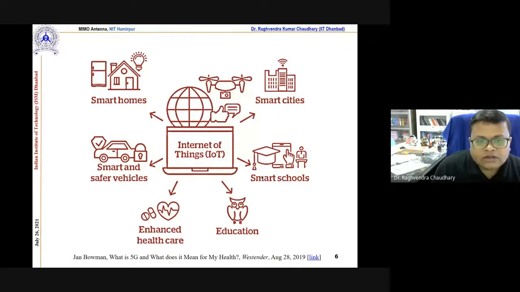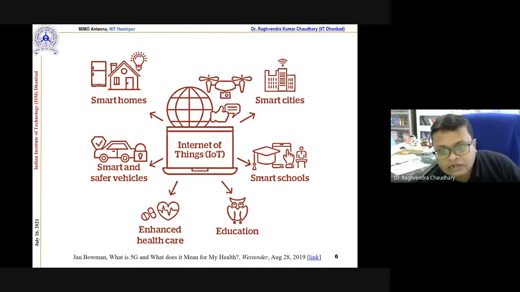With the internet of things, what comes to mind are smart cities, smart vehicles, healthcare systems, and education. Now we can see that without the internet, virtual lectures or this discussion would not be possible. So this is really very important, and for this, good internet connectivity is required.